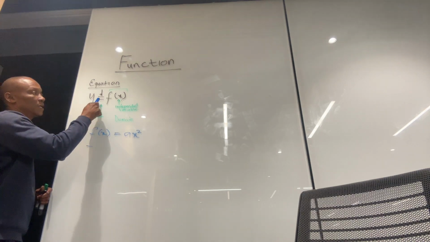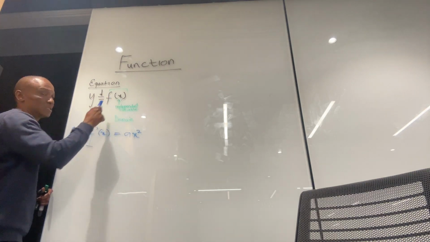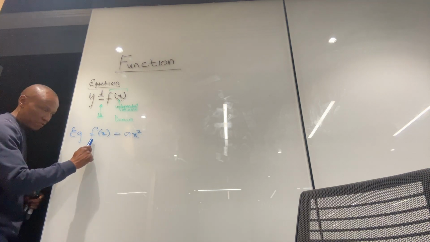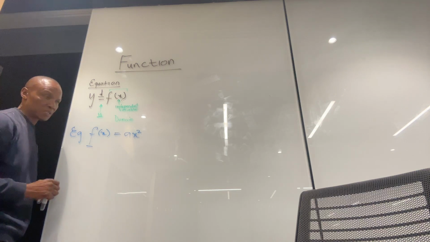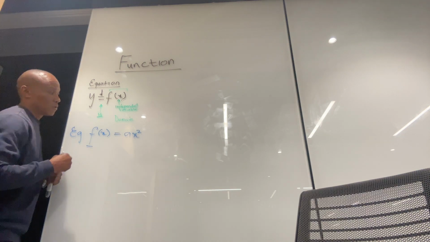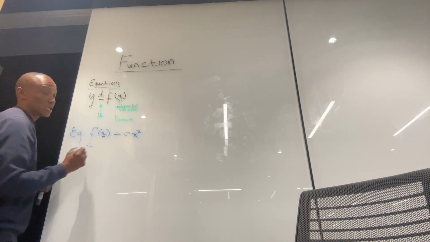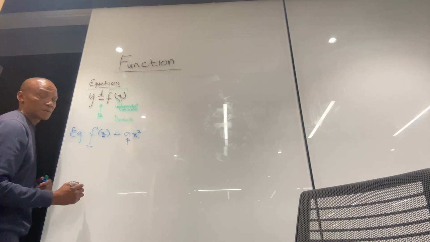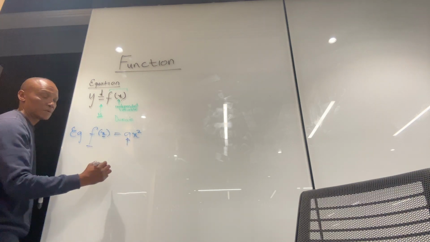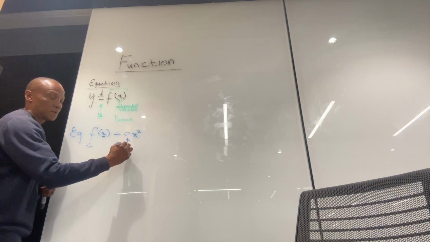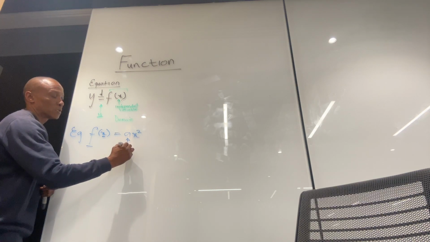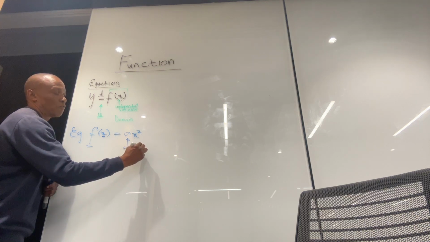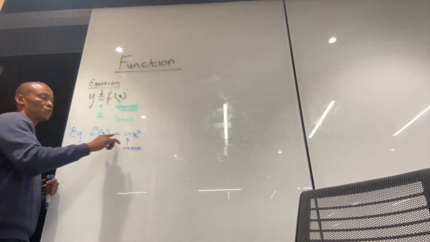Y is a function expressed in terms of x. Now, because I've told you that it's expressed in terms of x, this guy here, he can be any letter, will be called a constant.